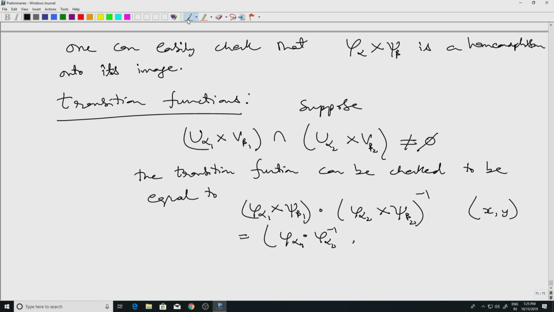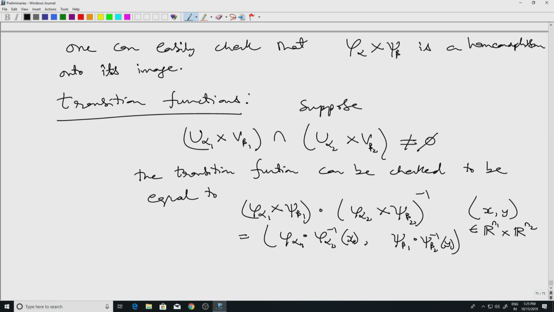Let me rewrite this. So this is Rn1 cross Rn2. So this is acting on x, and then similarly C beta 1 composed with C beta 2 inverse acting on y equal to this.